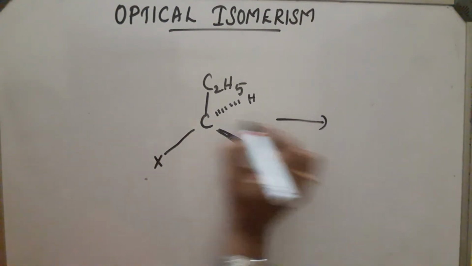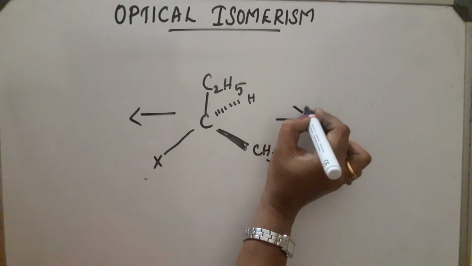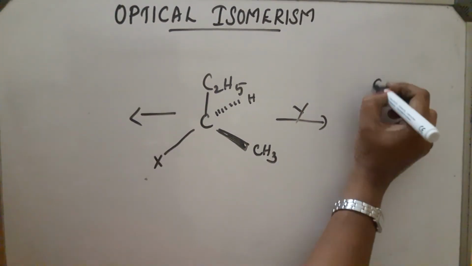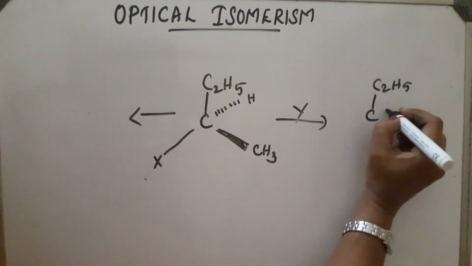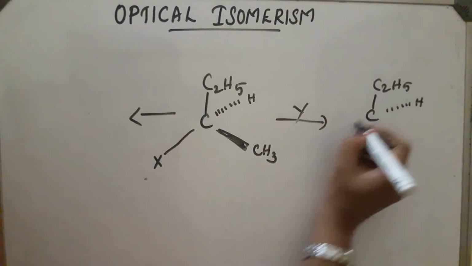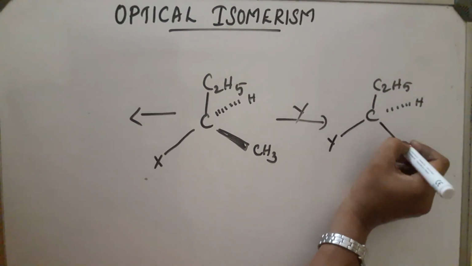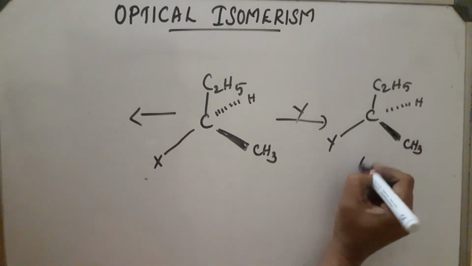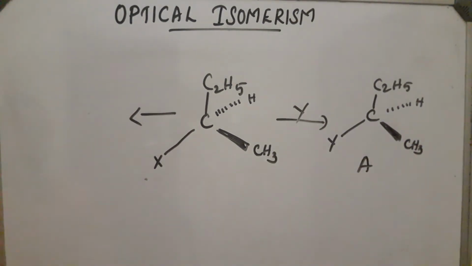After the reaction, this X gets converted into Y. If the configuration remains the same, this process is known as retention. Even after the reaction, the configuration does not change.